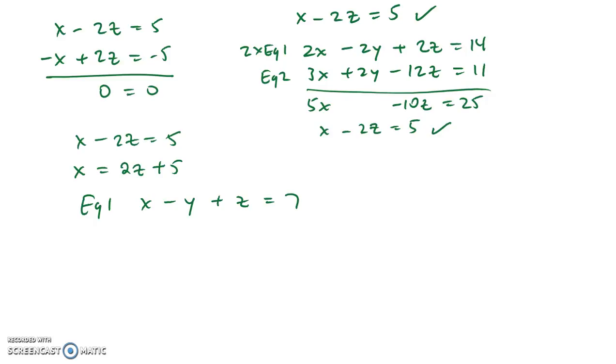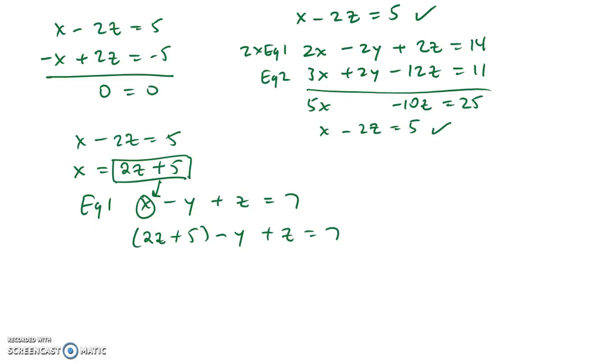Now I'm going to replace x in this equation with what I solved for up above, that is 2z plus 5. So that's going to be substituted in for x here. So we replace x with 2z plus 5 minus y plus z equals 7.